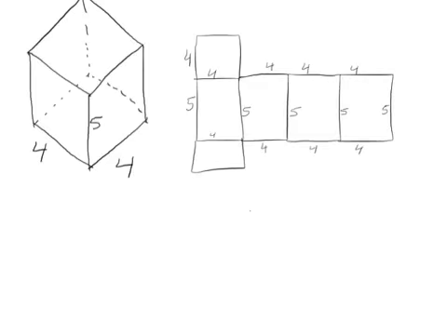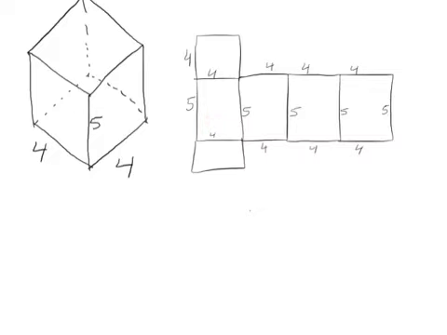The way we would find the surface area of this particular prism is by taking the area of each small individual section and then adding them up. For example, this is a 4 by 4, so the area of this small square would be 16. This, though, is 5 by 4, so this would be 20.